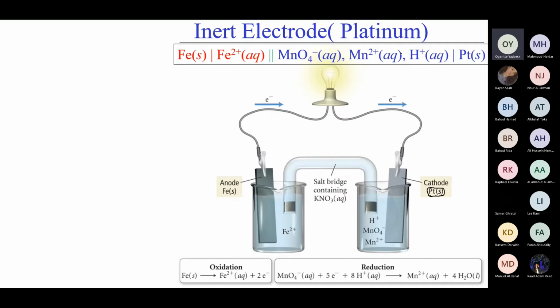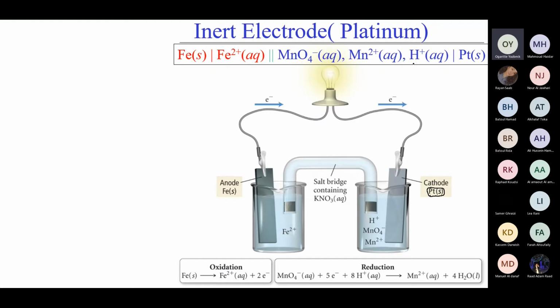All the others, we will put them with commas separating them. Why? Because there's no phase change. They're all in aqueous. Now, what do we put first and what second? It doesn't really matter. Me personally, I like to put it as written in the equation. So we have MnO4 minus or H plus and then Mn2 plus.